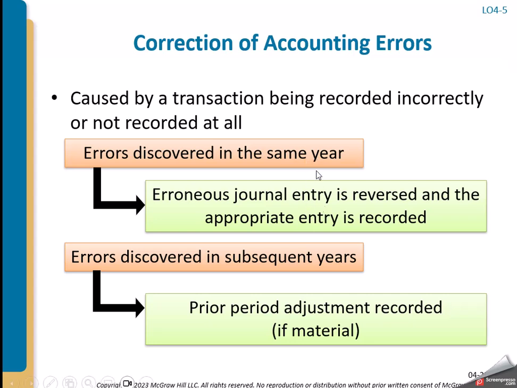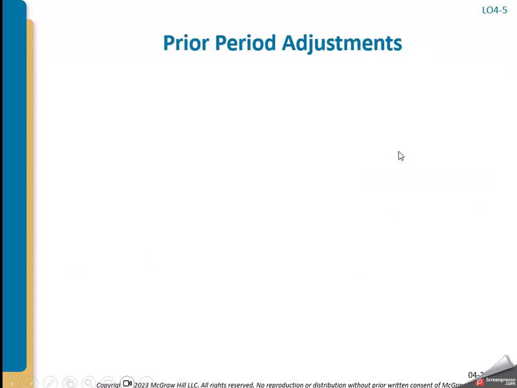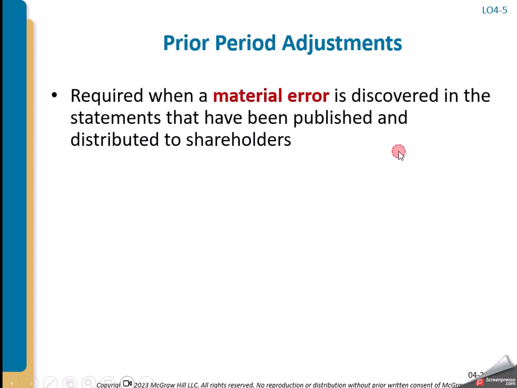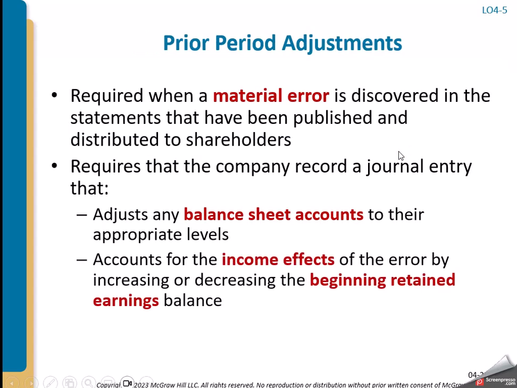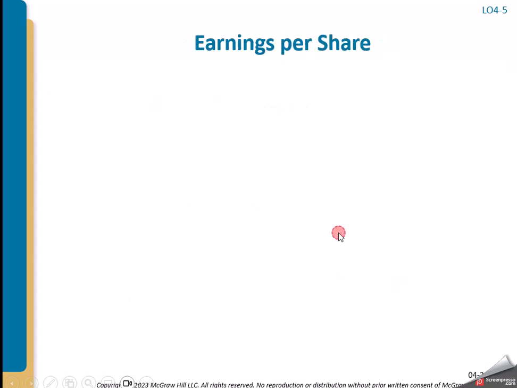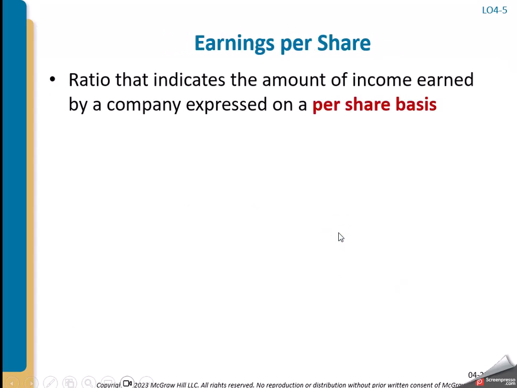If it's in the current year, we just do a journal entry to correct it. If it's in a subsequent year and it's material, it's going to require a prior period adjustment, which will go into our retained earnings. Because again, the statements are already closed. We can't go back and reopen them. So it just is an adjustment to our retained earnings. And then again, we disclose it.